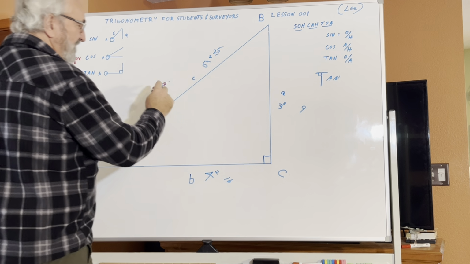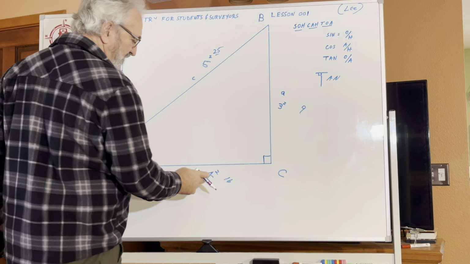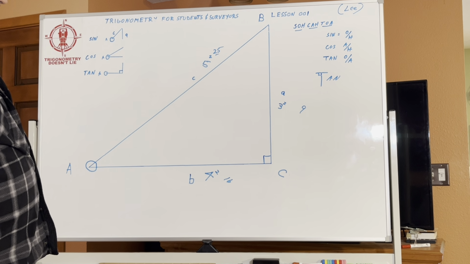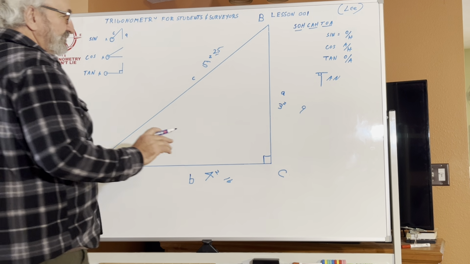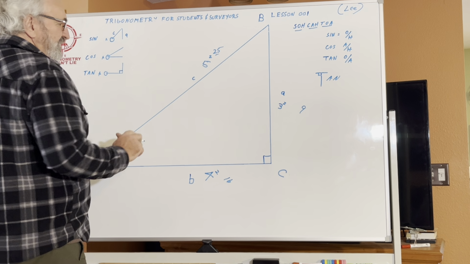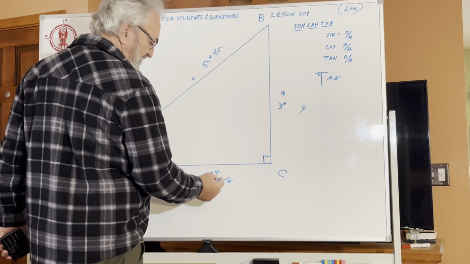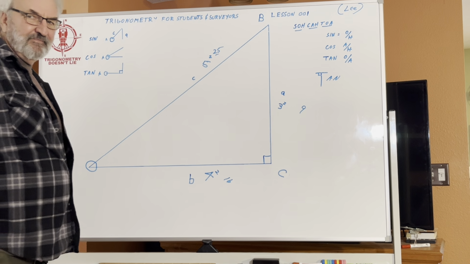A squared plus B squared equals C squared. And that works in reverse too. If you already have the hypotenuse, the square of the hypotenuse minus the square of one side or the other will give you the answer to the missing side.